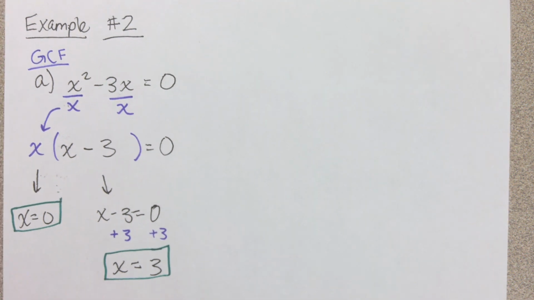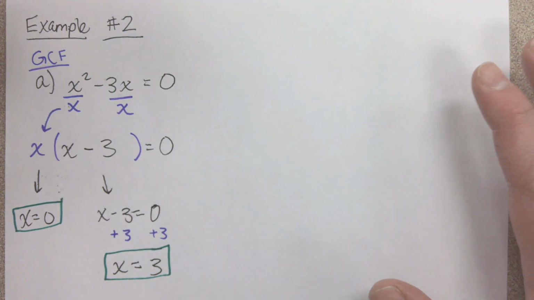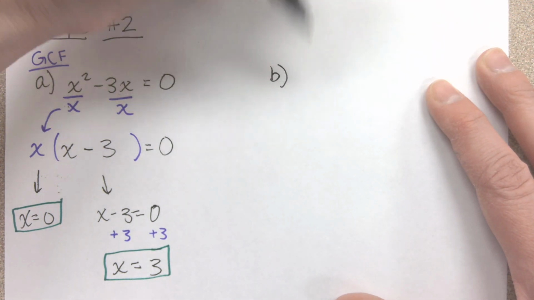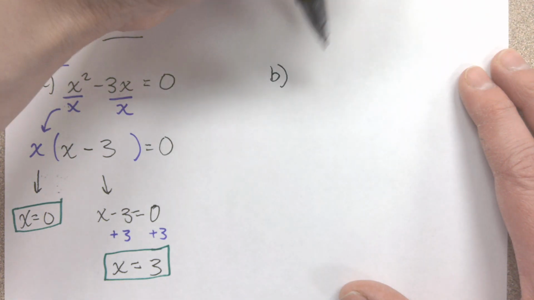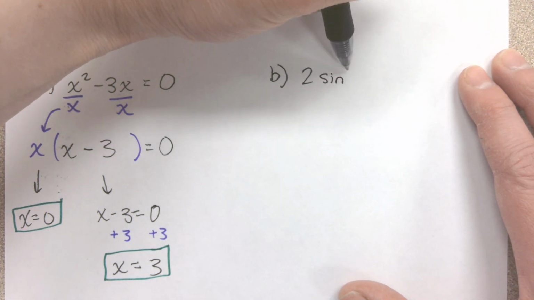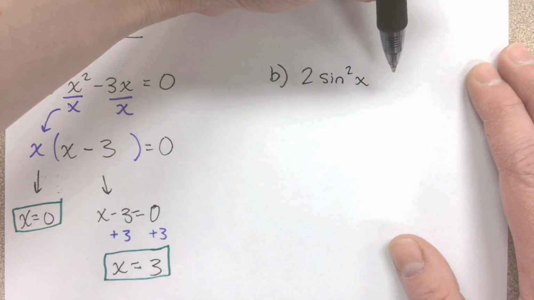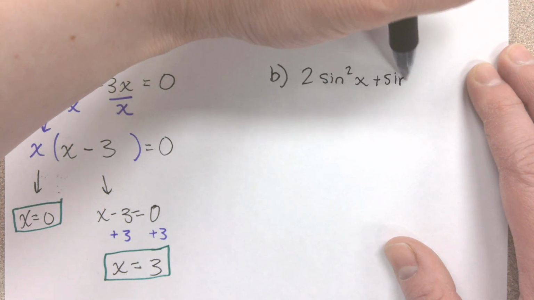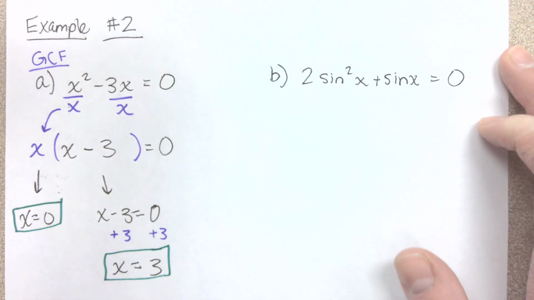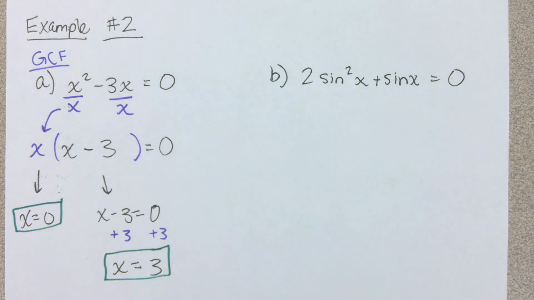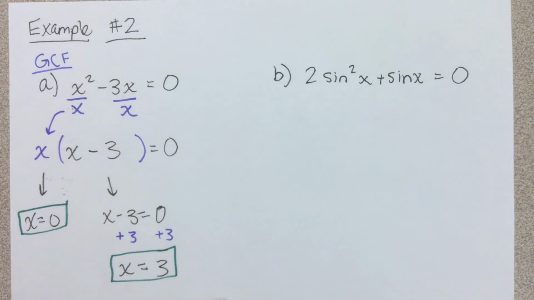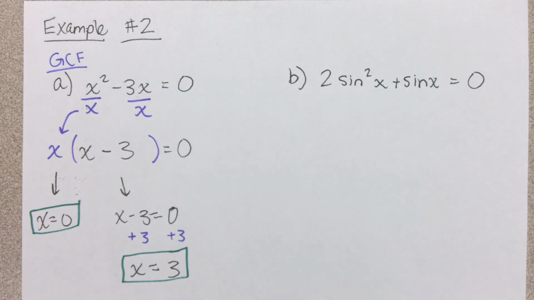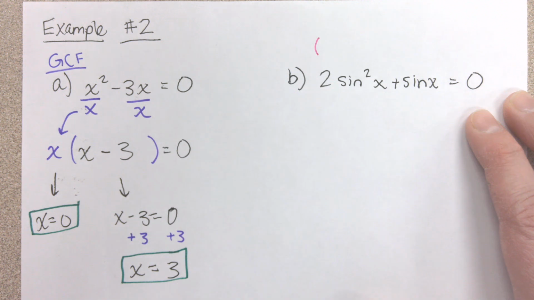Now let's do one of those with trig involved. Two sine squared x plus sine of x is equal to 0. First off, if you're struggling to see the algebra in the problem because of the trig functions, you are always more than welcome to rewrite this with just x's.